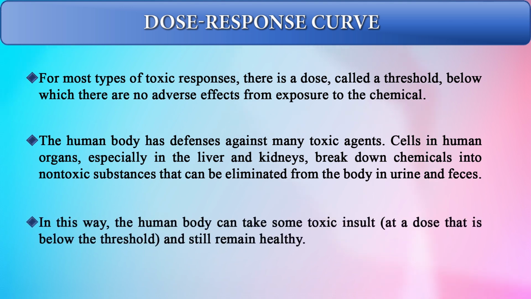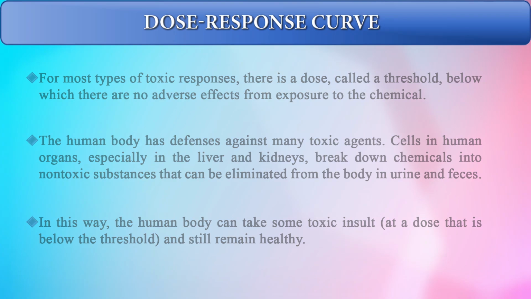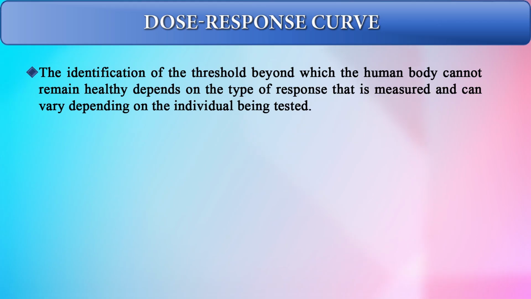In this way, the human body can take in some toxic compound, at a dose below the threshold, and still remain healthy. The identification of the threshold beyond which the human body cannot remain healthy basically depends on the type of response that is measured and can vary depending on the individual being tested.